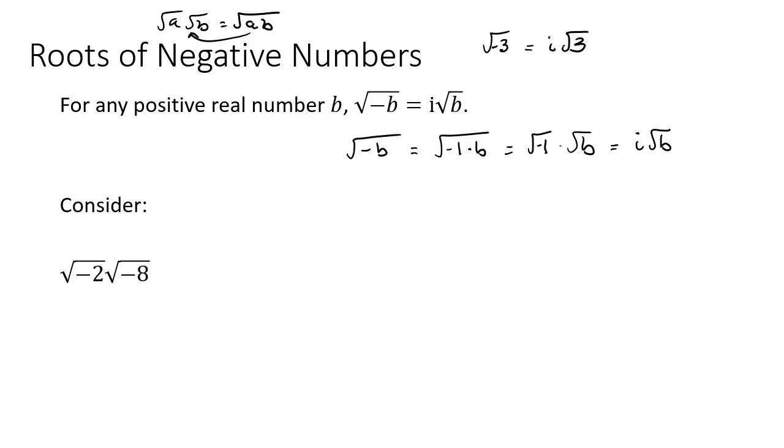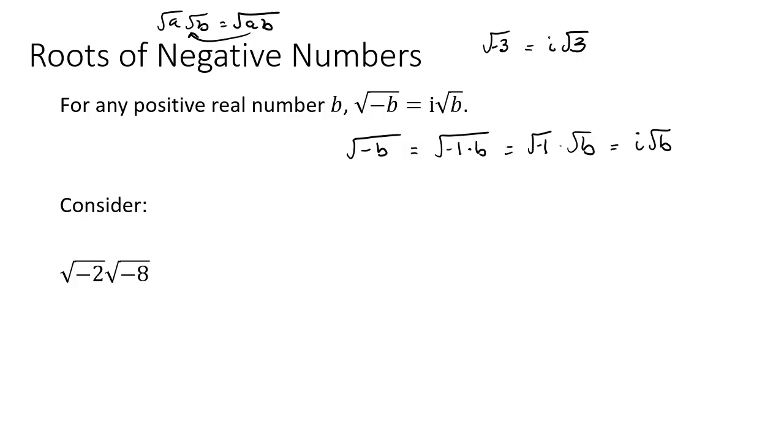There are some situations we need to be careful about though, and that's that you have to be very careful with the order that you perform these operations in. So consider as an example the square root of negative 2 times the square root of negative 8. There are two different ways you can work this problem based off of the information we've covered so far. One is actually correct and one is incorrect though, so we need to be careful.